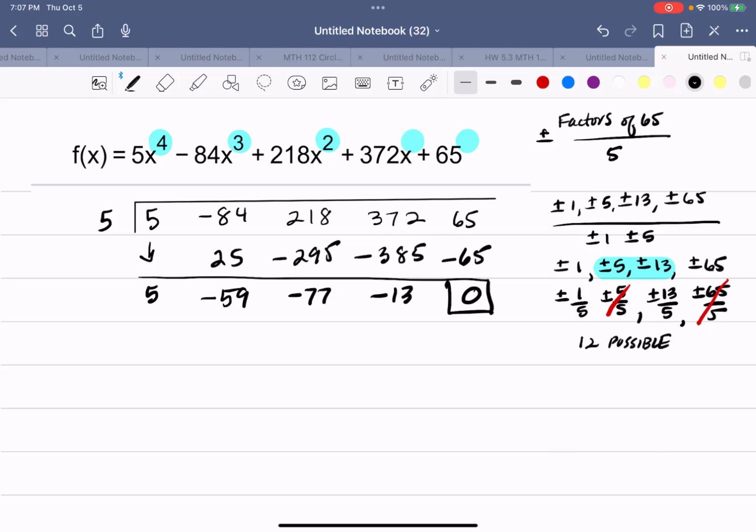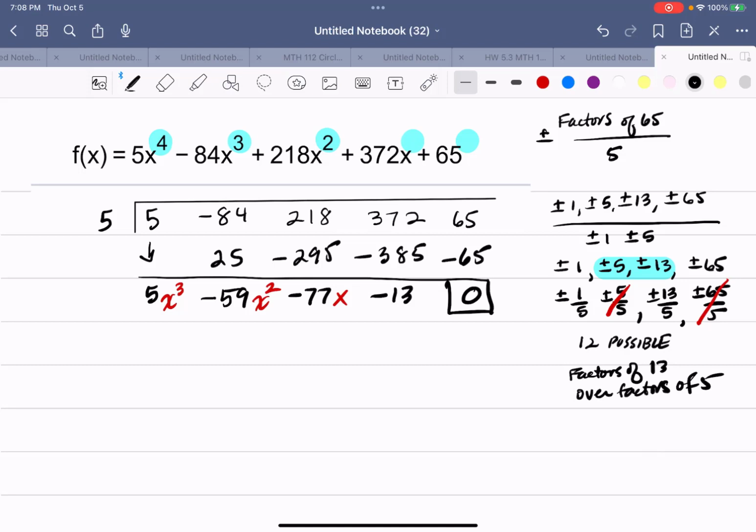So now our polynomial has been reduced by 1 degree. So we're now down to 5x cubed minus 59x squared minus 77x minus 13. So I'm going to list my new possible factors. And those are going to be the factors of 13 over the factors of 5.